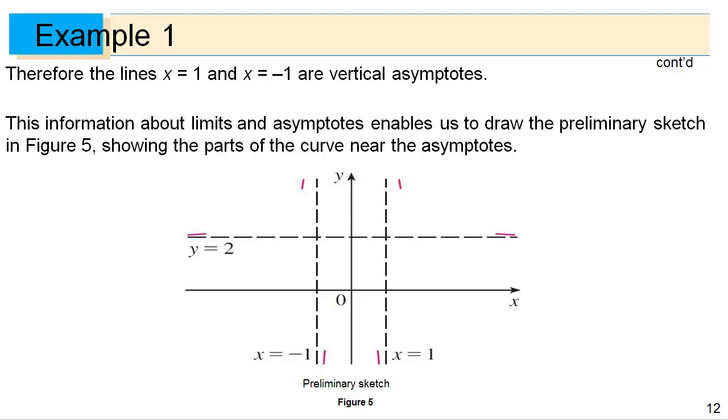From our investigations, we know that it goes up to infinity as we approach negative 1 from the left, and we know that it goes up to infinity as we approach positive 1 from the right, and then we know it goes down to negative infinity as we approach negative 1 from the right and positive 1 from the left. So that's what these little tick marks are. And then we know that the function levels off at 2 in both of those directions, and in fact we can also figure out that it's always greater than 2.